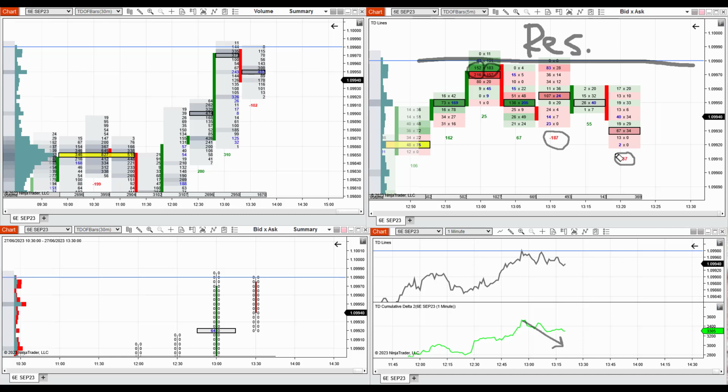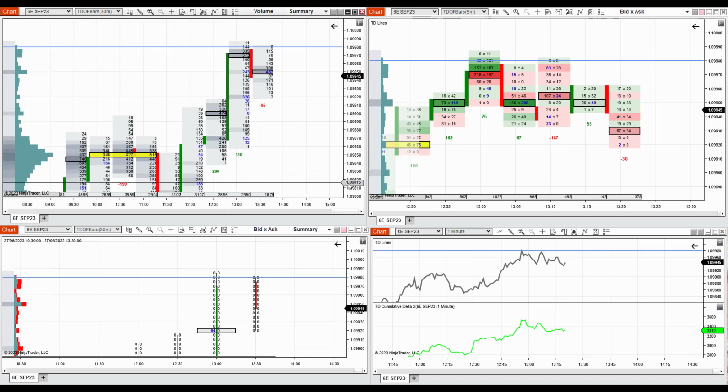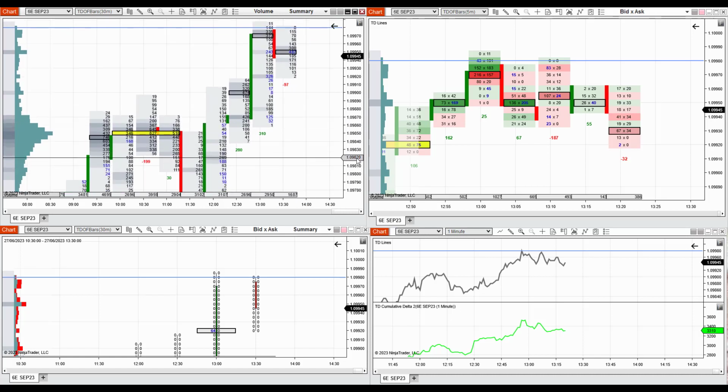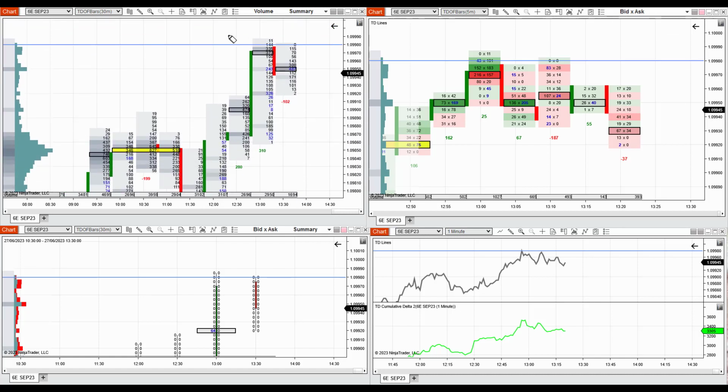Now let's talk about take profit placement. Take profit placement is ideally done on this 30-minute time frame, 30-minute footprint, this chart. There's one thing that strikes me at first sight, and the thing is this triple node. Let me use a different color.